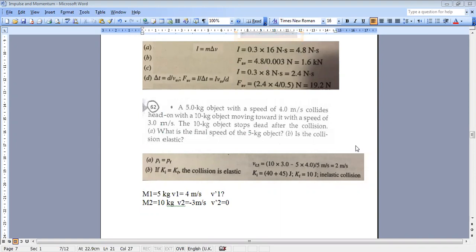If they are different, it's an inelastic collision. But here it would be neither elastic nor plastic, because they didn't become one object, but the kinetic energy is not conserved. This you could call the case in between, between elastic and plastic collision.